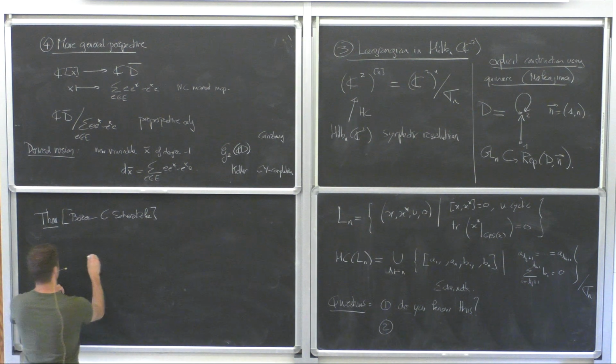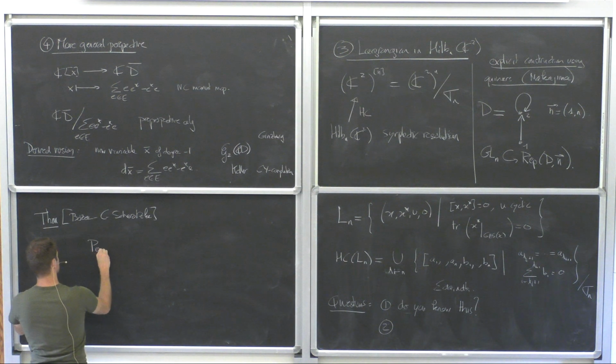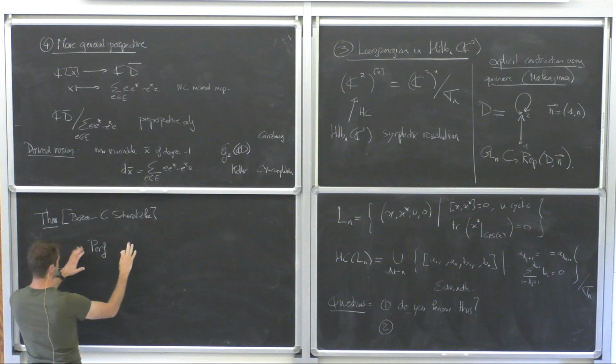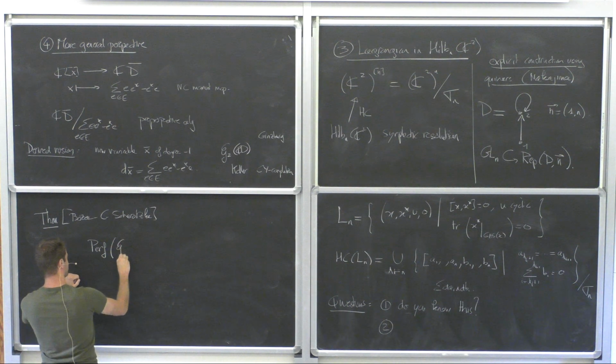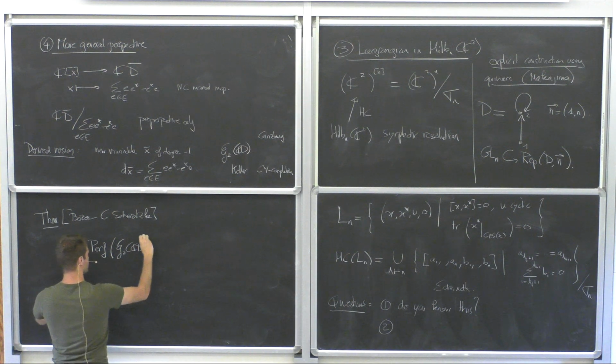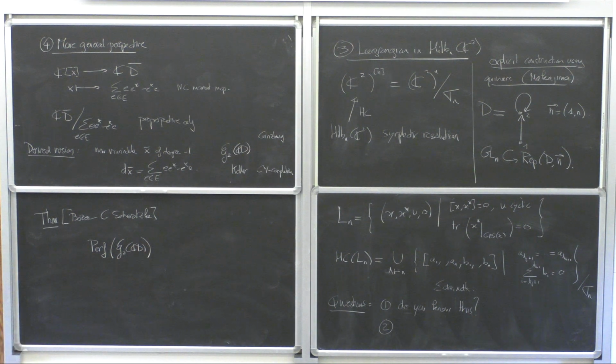It says the following: if you take the derived stack, and this is the only place where I'll say these words because I have to, the derived stack of perfect representations of this algebra.